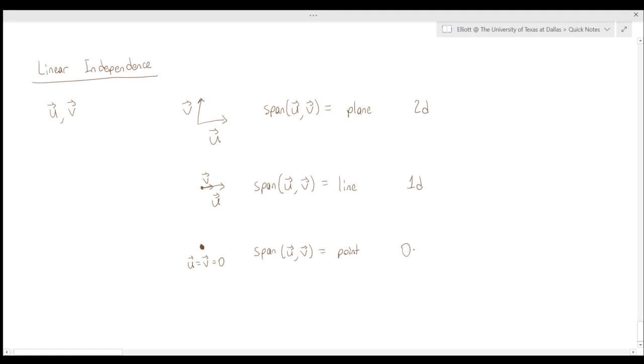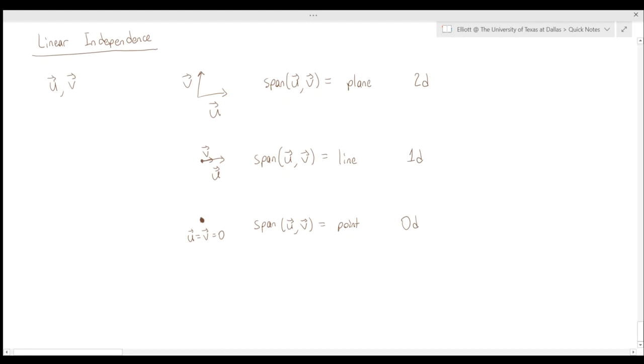And a point would sort of be like a zero-dimensional object. It doesn't really have any dimensions associated with it. And you guys are actually going to talk more about dimension in this class, but for now, just having this intuition, 2 dimensions corresponds to having area, 1 dimension corresponding to having length.